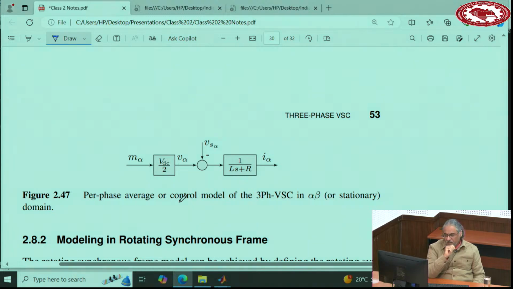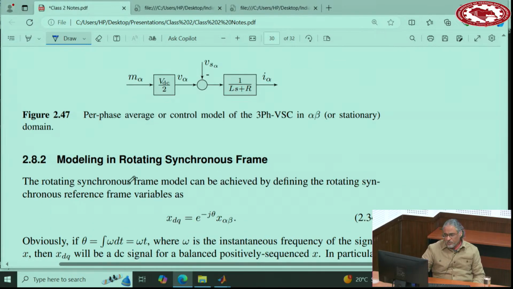Okay. However, this is not the most common way of modeling. The other common way, which you may ask why we need something even easier than this one, you will see later, is the modeling in the rotating synchronous frame.